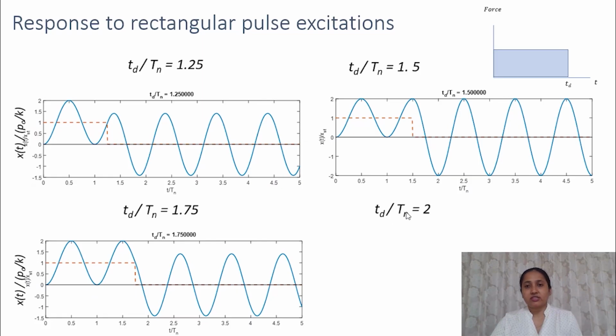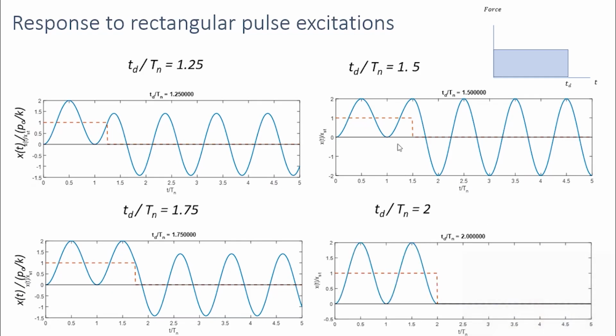So this is when Td by Tn is equal to 2. Here, during the forced vibration, the system oscillates, but at the end of the forced vibration, the displacement and the velocity both are equal to 0. So because of that, there won't be any free vibration in this case. So this is similar to the case when Td by Tn is equal to 1.